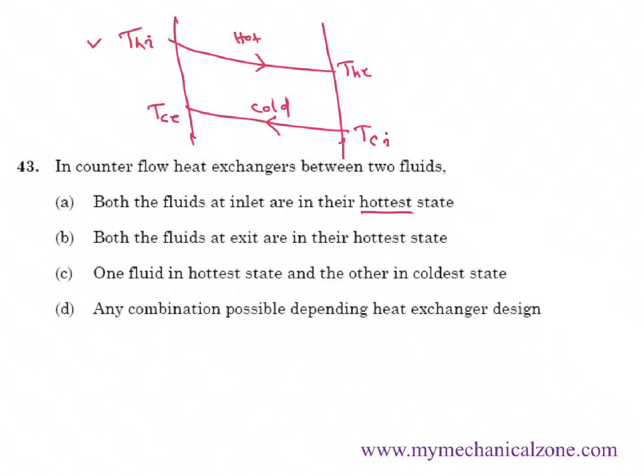Inlet is correct for the hot fluid, but not for the cold fluid. Option B says both fluids at exit are at their hottest state. For the hot fluid the exit is not hottest, so B is also incorrect. Then one fluid in hottest state and the other in coldest state, but inlet or outlet is not mentioned, so C is also not possible. Any combination is possible depending on heat exchanger design.